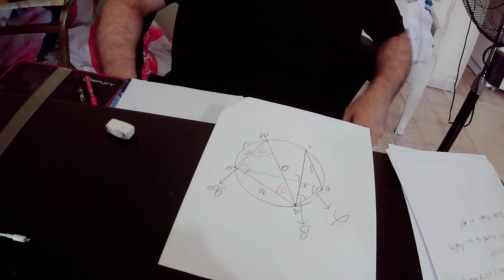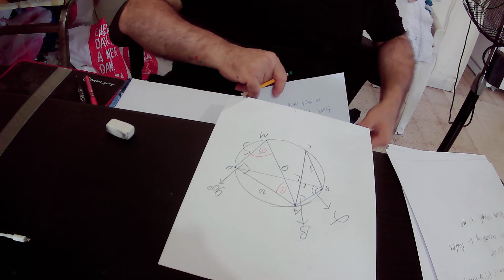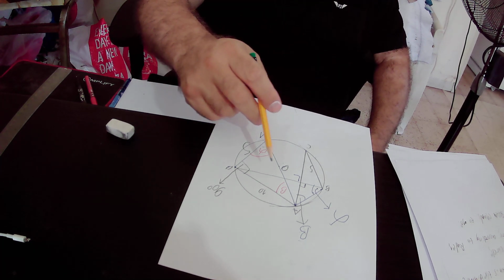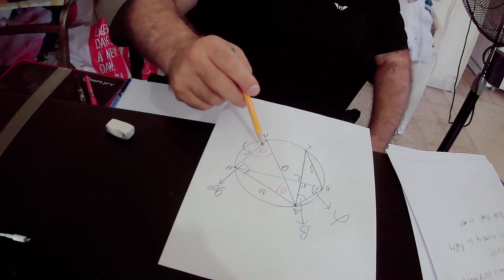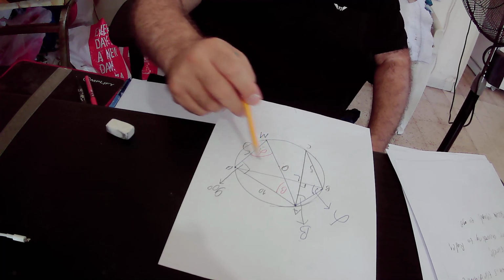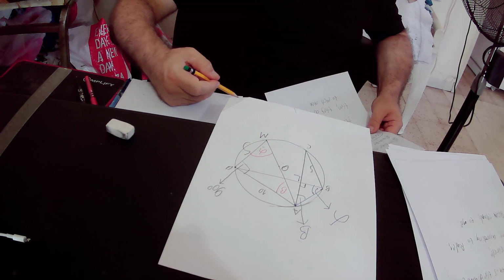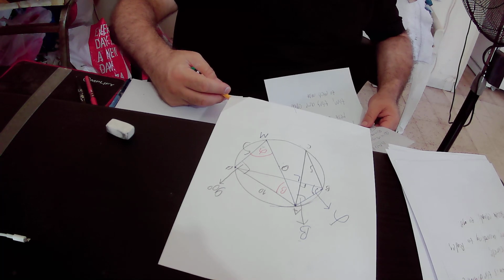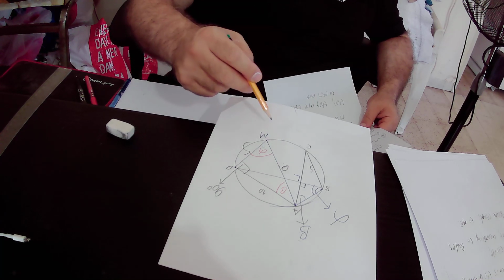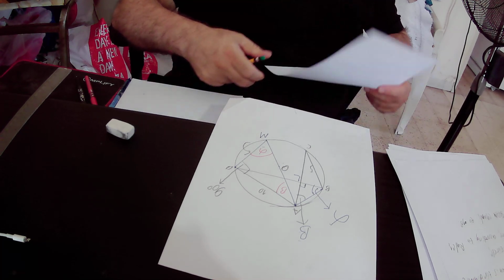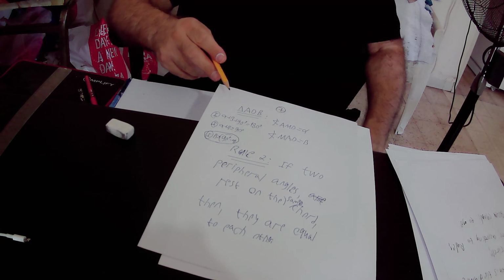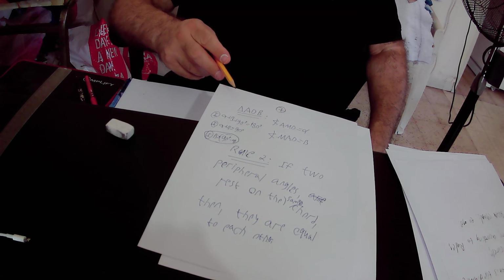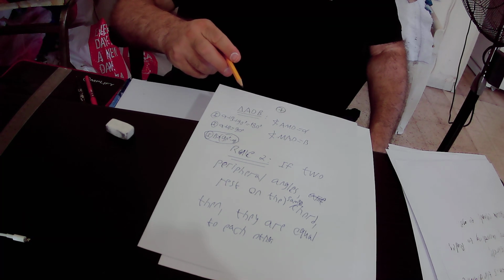Then we focused on the right triangle AMD. We defined angle AMD as alpha and angle MAD as beta. And we know that the sum of the angles in the right triangle AMD equals 180 degrees, so we can write down our first equation: alpha plus beta plus 90 degrees equals 180 degrees.